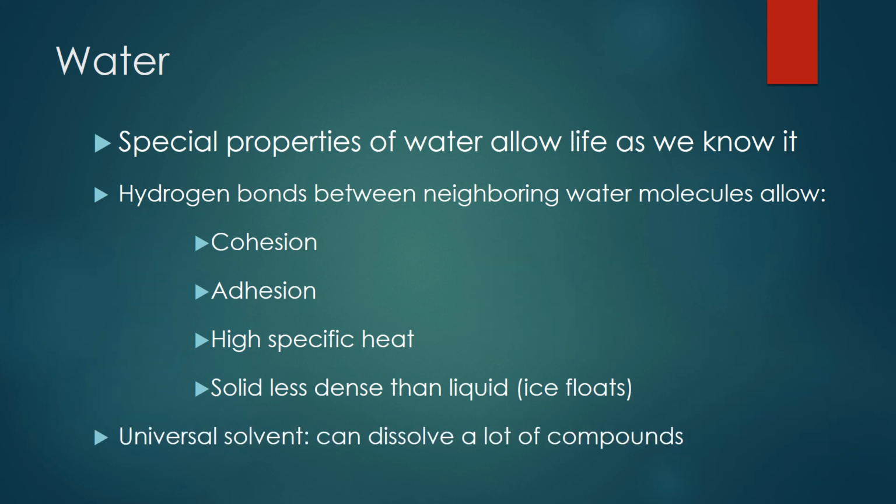Because of the hydrogens involved in creating water molecules, particularly in its liquid state, water is a great solvent. It's been called the universal solvent. It can dissolve a great many compounds.